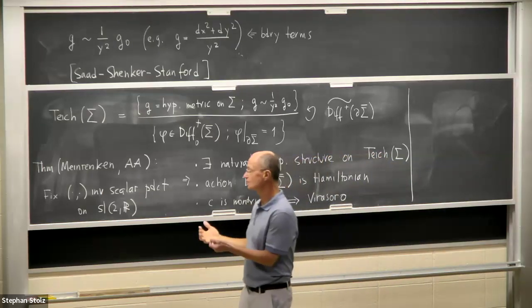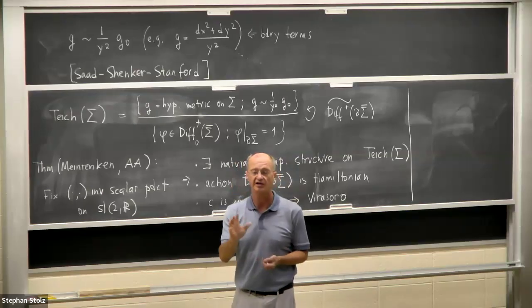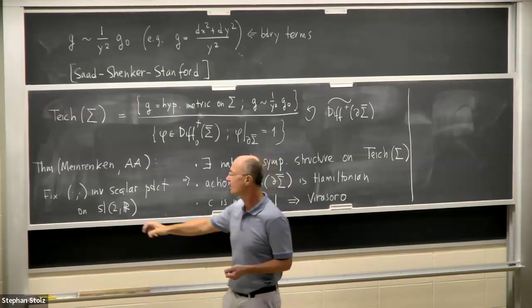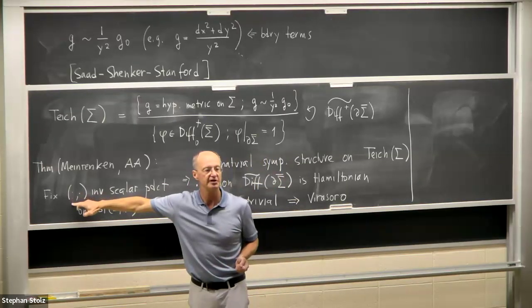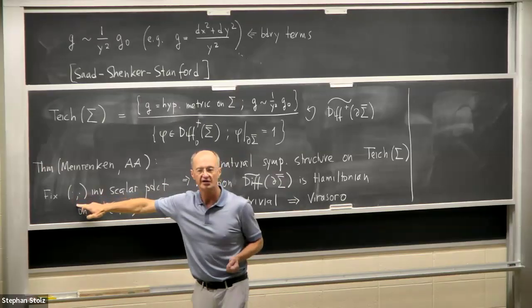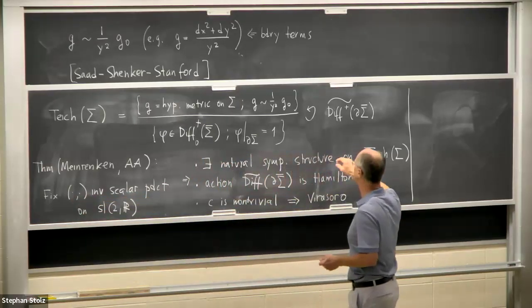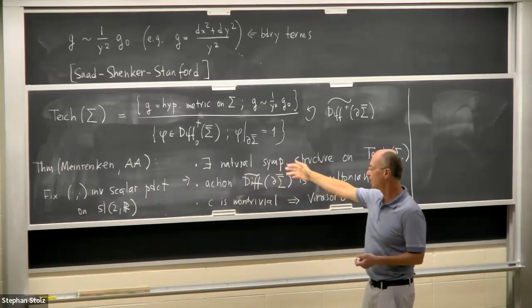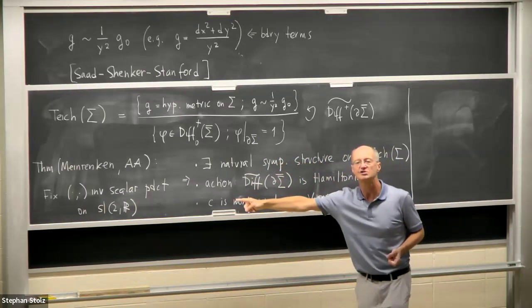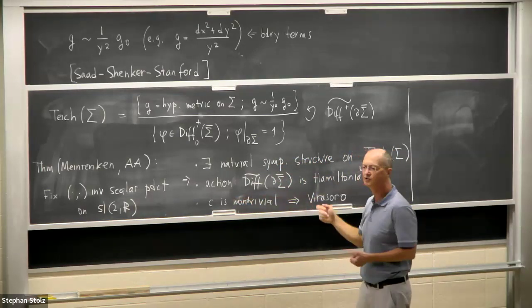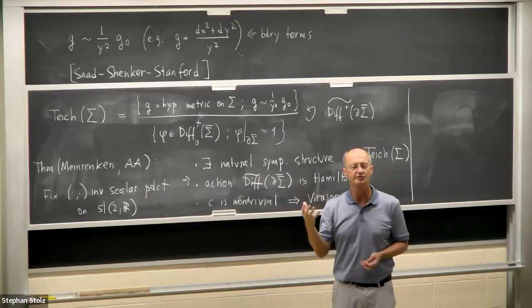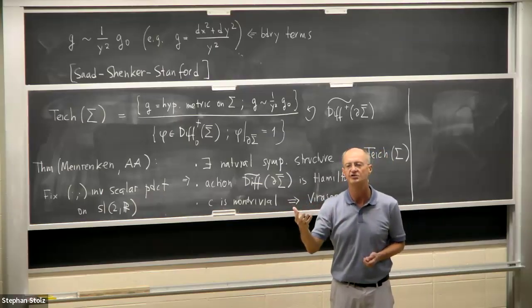And fortunately or unfortunately, here the answer is a little bit trivial. We fix in the beginning that scalar product, and that scalar product determines for you what is the two form, and that two form tells you what is C. So basically, this central charge, the only non-trivial information is whether it's zero or non-zero.